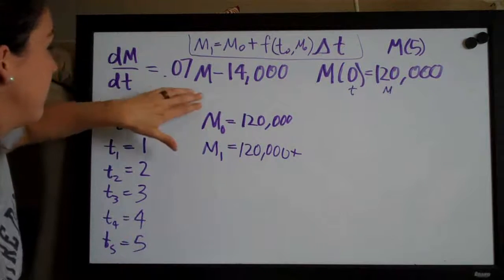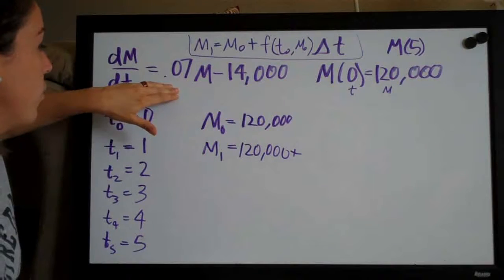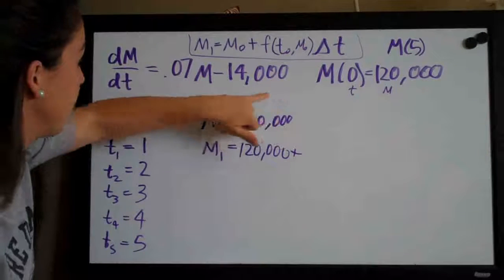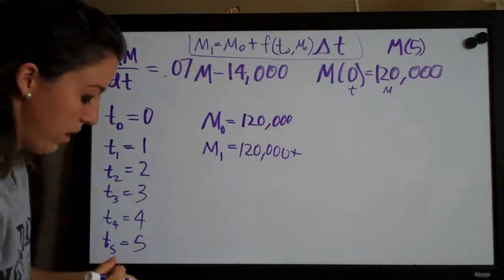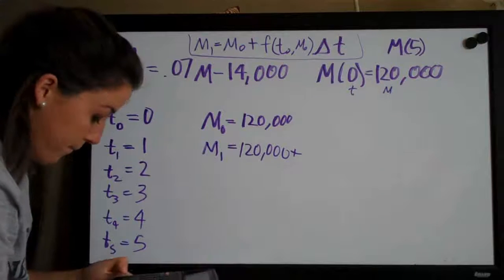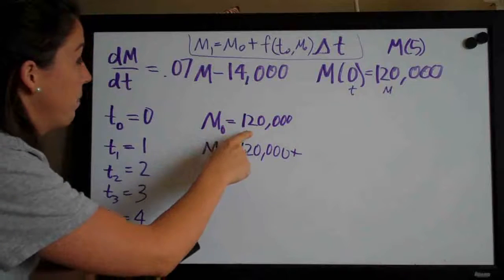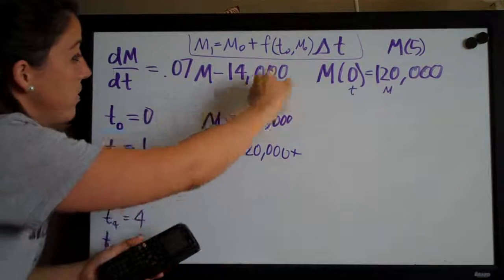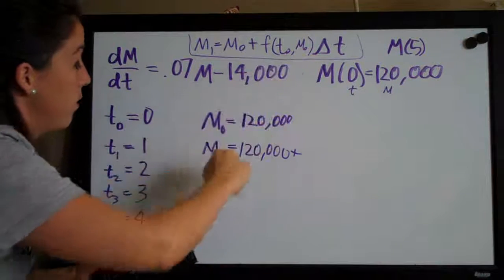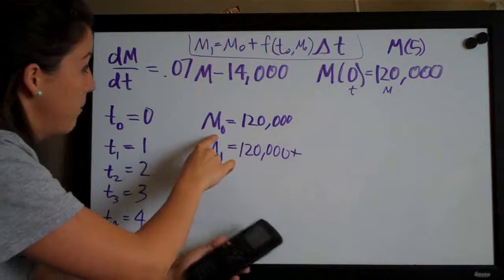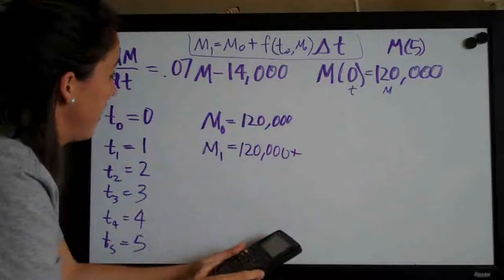So as you can see in our original function here, we don't have t as a variable in this function, so we don't really even have to plug in t. All we have to do is plug in m. So let's go ahead and do that. We're going to plug in 120,000 because you can see we're plugging in t0 and m0. So for m1, we're always plugging in t0 and m0. So we plug in 120,000.